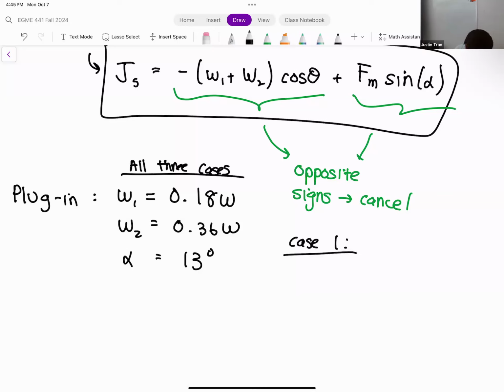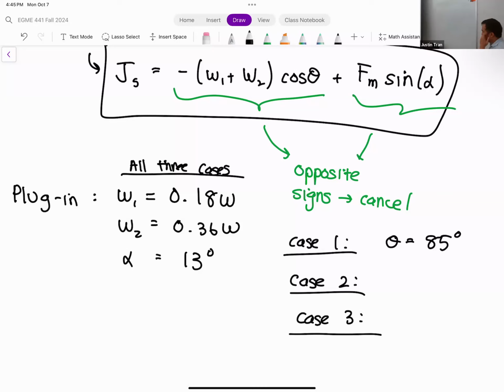And so the only thing that we're changing between each case is the value of theta. For case one, remember, that's the perfect posture, or at least as perfect as you can get, so we'll say theta is 85 degrees. For case two, theta is 75 degrees.